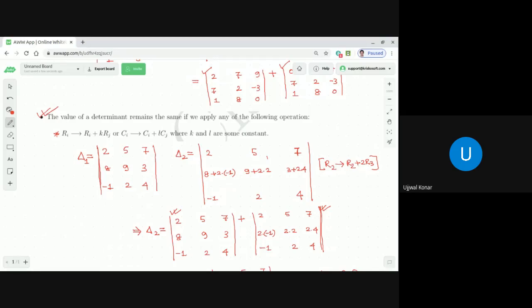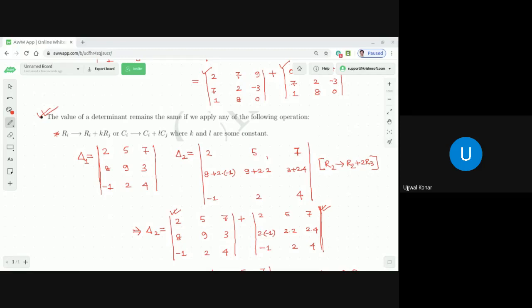Now, dear students, these properties are extremely important. Every year there are questions coming in the entrance examination that ask to find the value of the determinant without expanding it. To find the value of the determinant without expanding it, all you need to do is make use of these properties we have learned today.